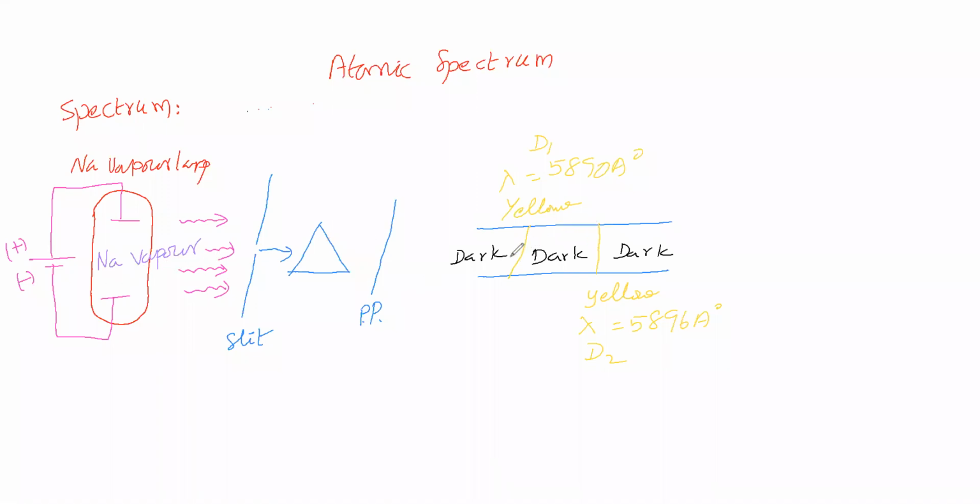That means we can call this spectrum a sodium spectrum. Why can we call it a sodium spectrum? Because this spectrum is obtained by sodium. Sodium gives this spectrum. Therefore, it is called the sodium spectrum.